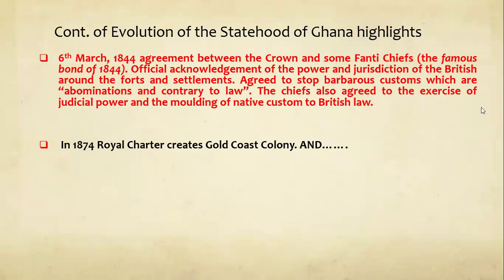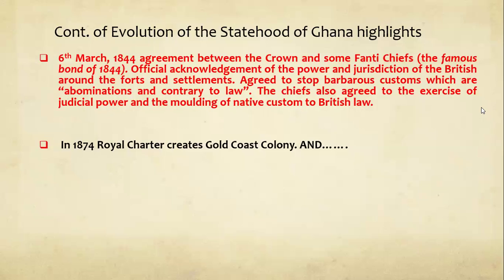And this is what was contained in the Bond of 1844, signed between the British government and the Fante chiefs on 6 March. I'm quoting the exact wording, and Professor Omadu has reproduced it in his book. If you go to pages 42 and 43, they are there.